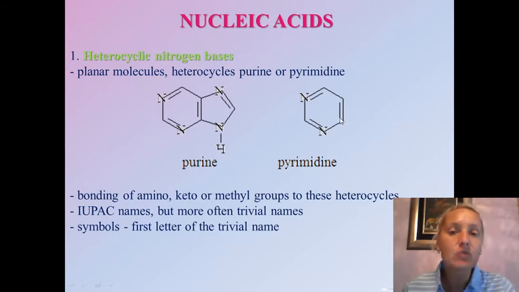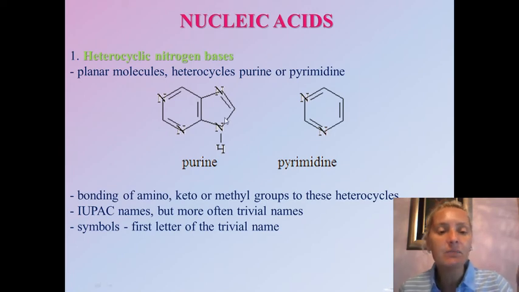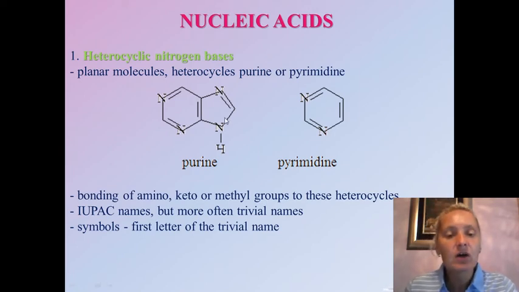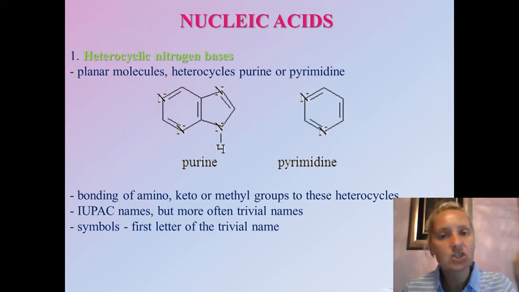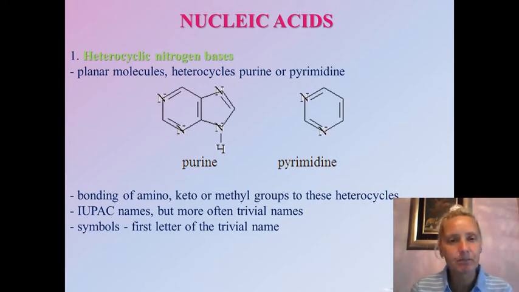And different atomic groups can be attached to those two rings. We can attach an amino group, NH2 group. We can attach a keto group, double bond O group, if you remember. We can attach methyl groups, CH3 groups, and so on to these heterocycles.